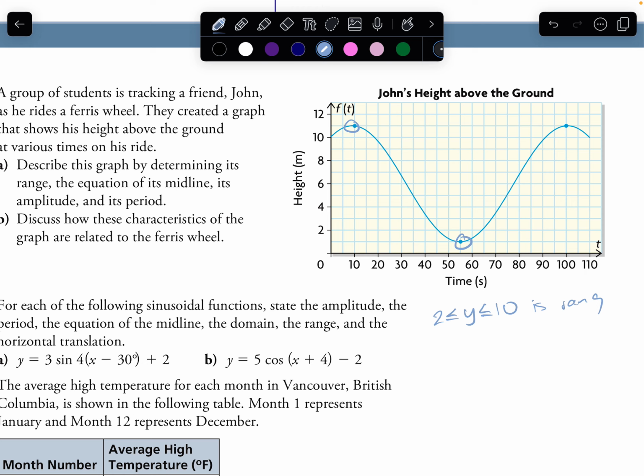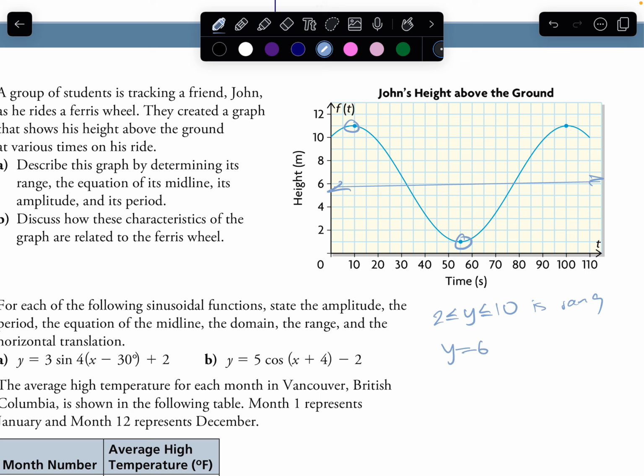Just step down and up. So 10 goes to 9, 2 goes to 3, 9 goes to 8, 3 goes to 4, 8 goes to 7, 4 goes to 5, and then 7 goes to 6, 5 goes to 6, 5 is in the middle. Or you could just eyeball it and you can see pretty easily that it's in the middle.